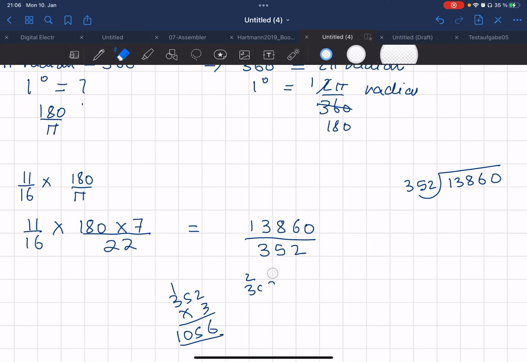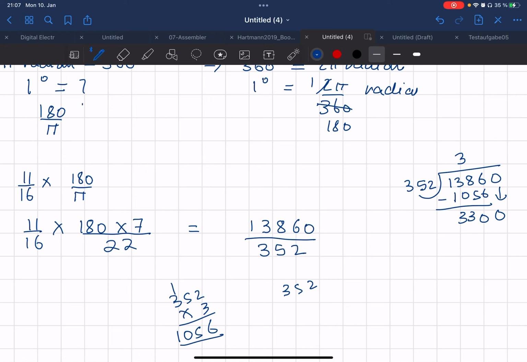So we'll have to go with the 3, which is 1056. 6 minus 6, 0, 8 minus 5 is 3, 3300. Then 352 times 9 is 3168. If I subtract it, I get 30.